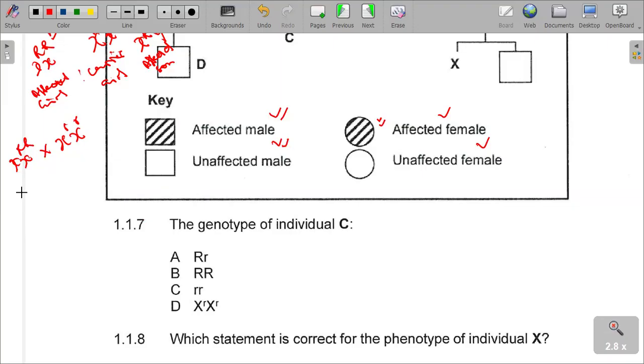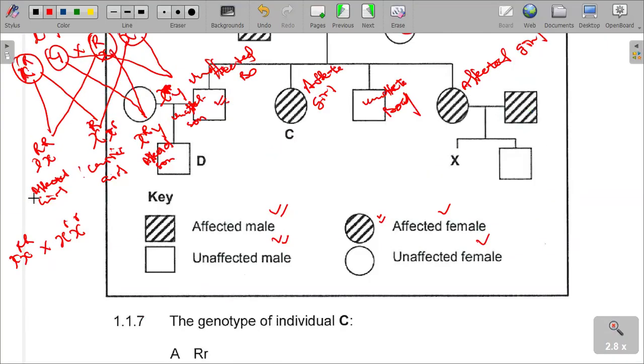So we have our XR and our Y, being crossed with XR, which is a single X, and it can give us this and that.